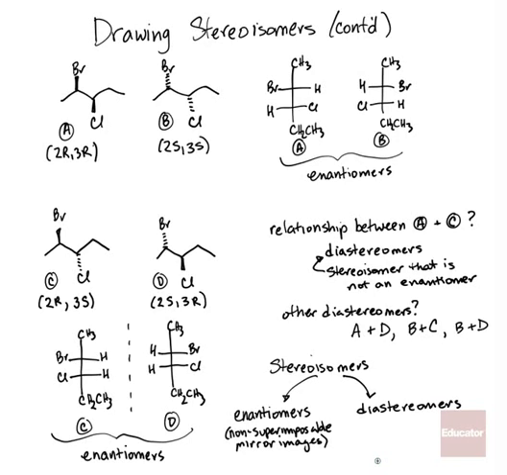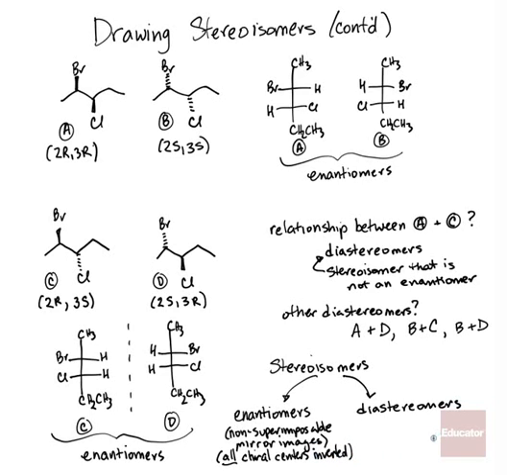Another way that we can distinguish between enantiomers and diastereomers: if you compare structures A and B, you see that all of our chiral centers have been inverted. All our wedges have been turned to dashes. And for C and D, every wedge is now a dash, every dash is now a wedge. So another thing that we can look at for enantiomers is that all chiral centers are inverted.